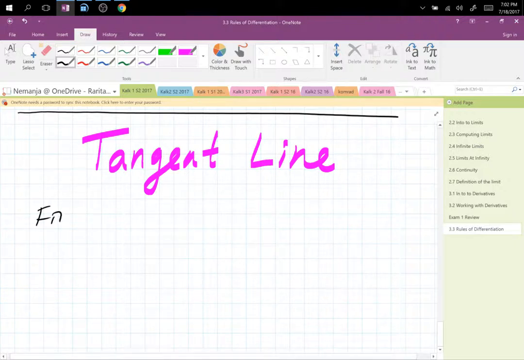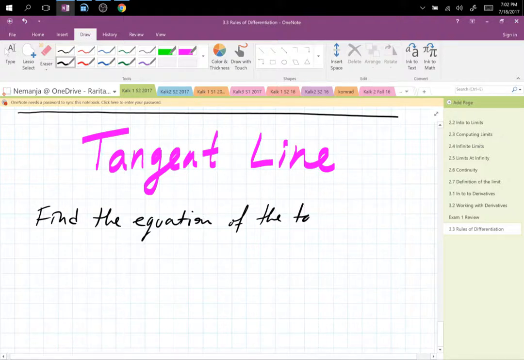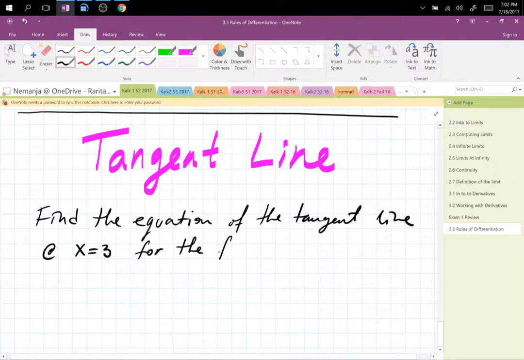So find the equation of the tangent line at x equals 3 for the function f of x equals negative 2x squared plus x minus 1.